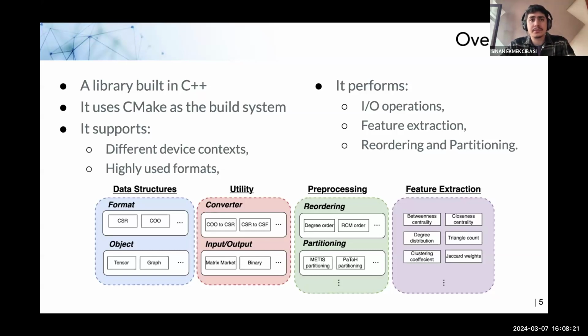It performs input-output operations such as reading and writing to the mentioned formats, format conversions, feature extraction of sparse matrices, graphs, and tensors, and reordering and partitioning algorithms. There are many of them we provide support for in SparseBase, and my friends will talk about them more later.